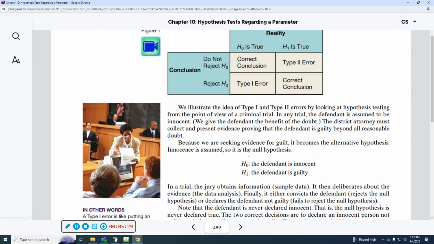So we reject the null when it's true, when they're actually innocent. This would be type 1, like convicting an innocent person. Type 2 would be letting a guilty person go free. So a person is guilty, but we fail to reject the null.